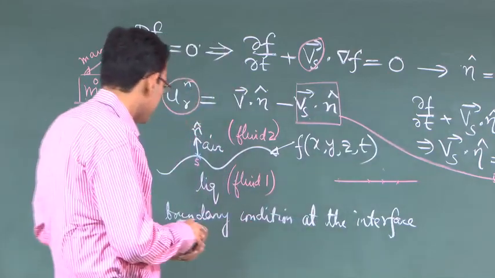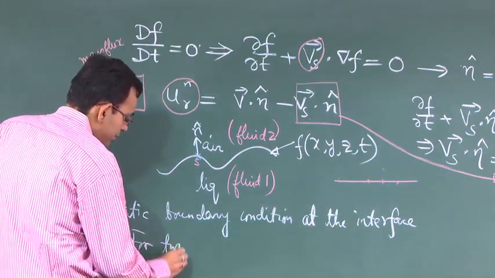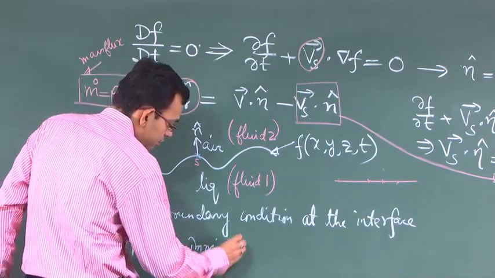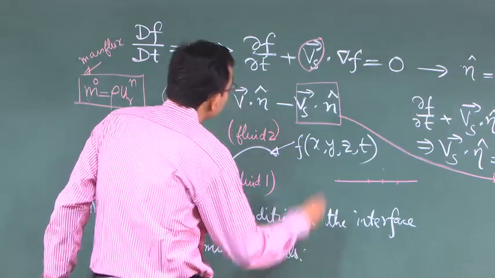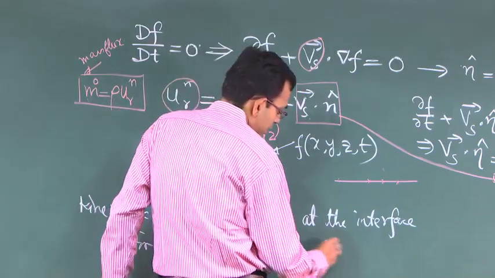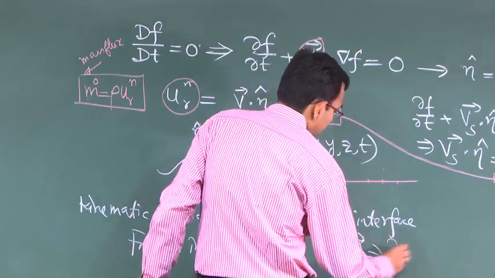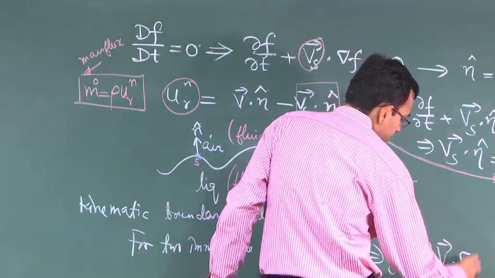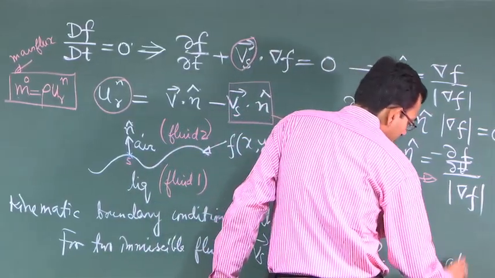So, let me write that for two immiscible fluids. Vs is equal to V, that means there is no net mass flux, that means del F del T plus V dot grad F equal to 0 at the interface.